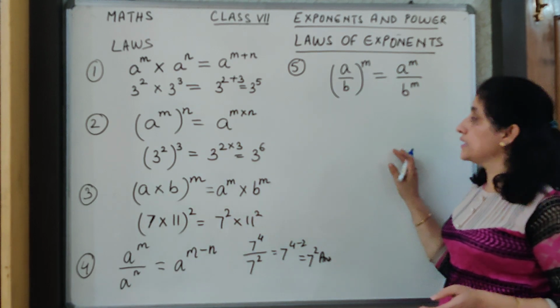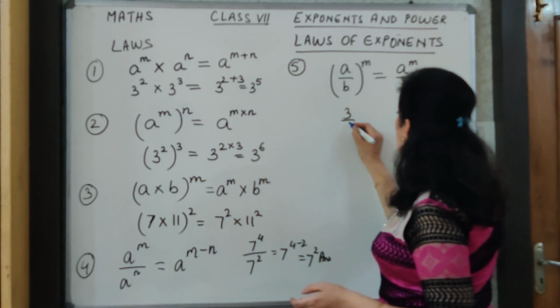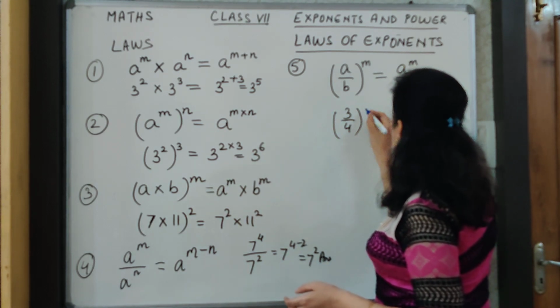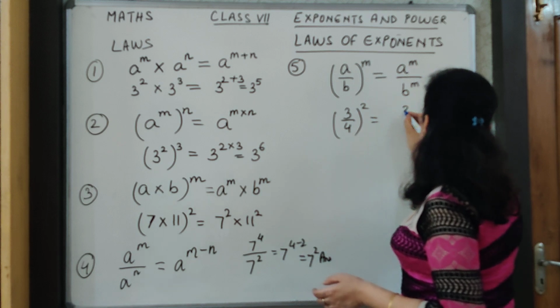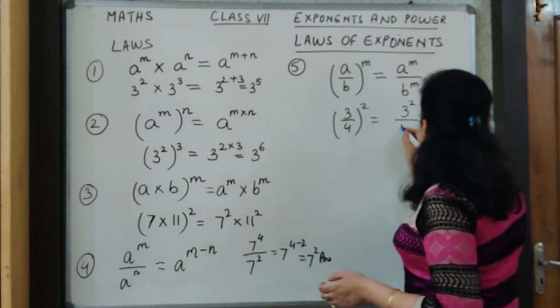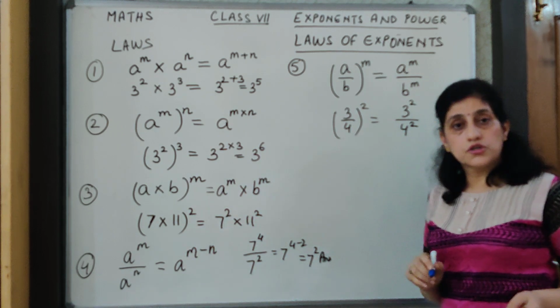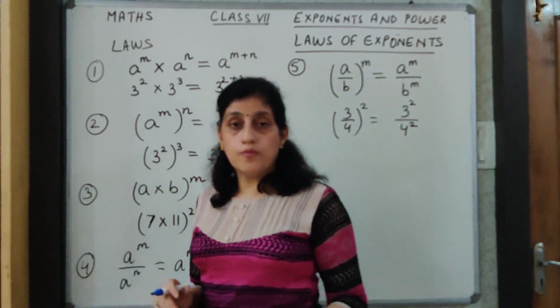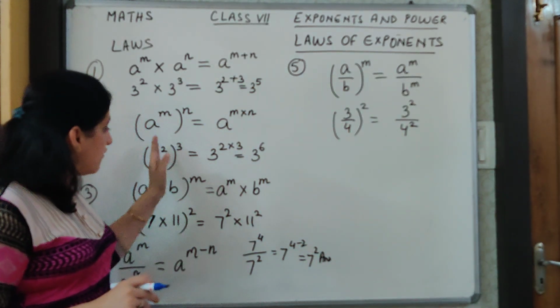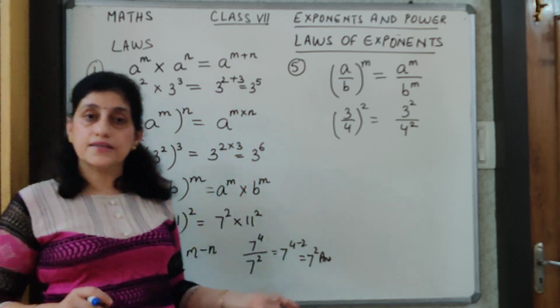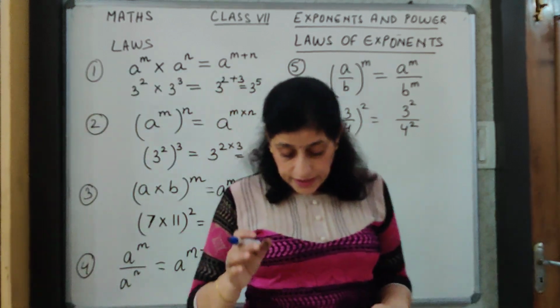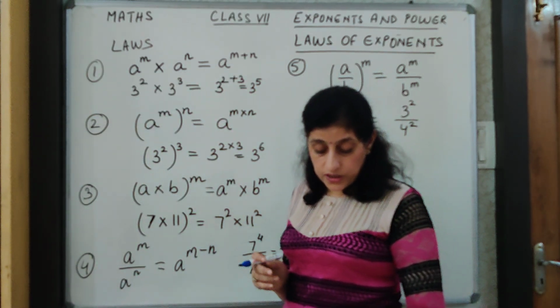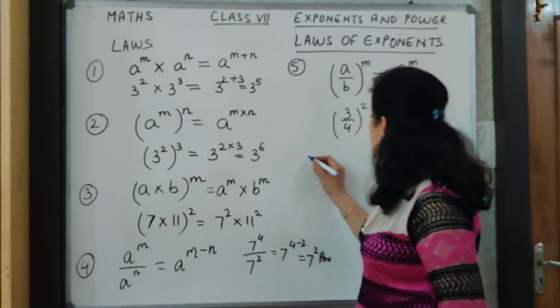Both will mean the same thing. Now suppose I have 3 upon 4 whole to the power of 2. Then this will be 3 to the power 2 upon 4 to the power 2. I hope everything is clear. So you have to learn them up, you have to practice them. Then these will be clear and then you will be able to solve the questions based on this.